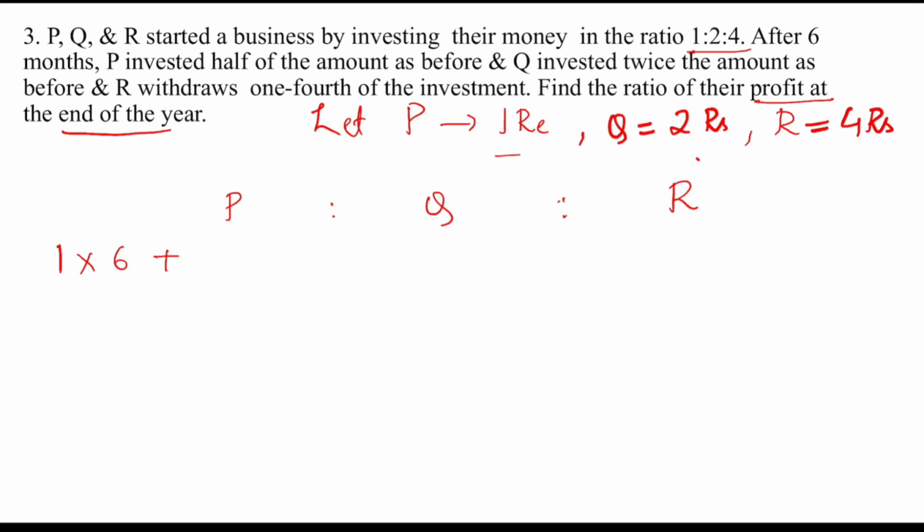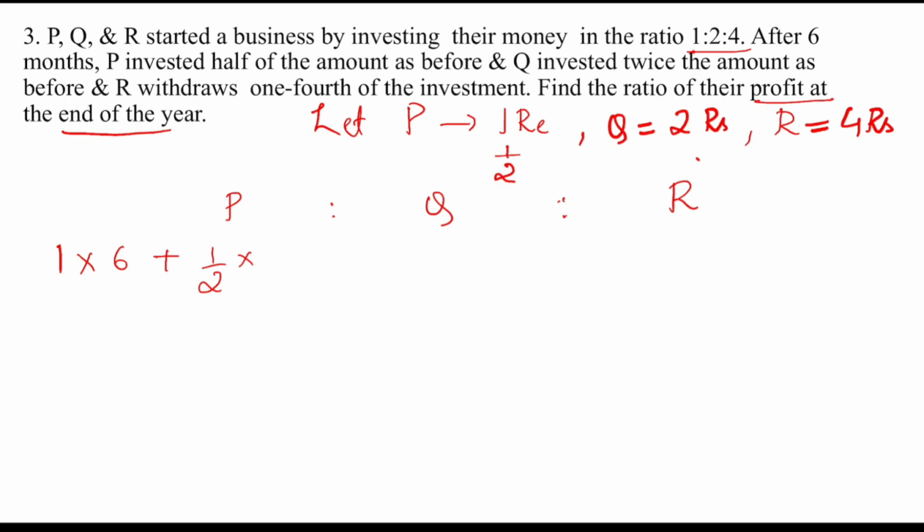P invested half the amount as before. So half of 1 rupee is how much? Half rupee or 50 paise. So for half rupee again P invested for how many months?